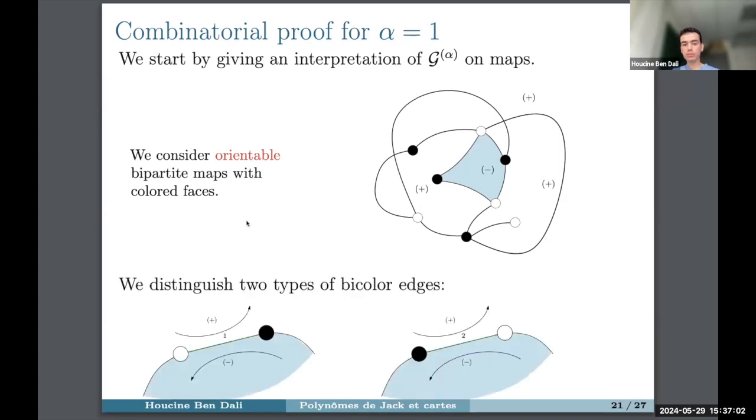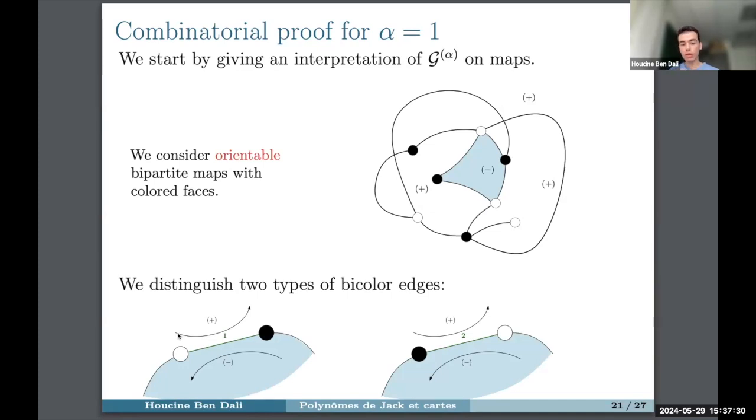And in particular, since the maps are orientable, we have a sense of direct orientation. So we can define a direct orientation of all faces. And whenever we have a bicolor edge, so this is an edge which is incident to two faces of different colors, we can distinguish these edges in two types, edges of type 1 and edges of type 2. So how to define these types?